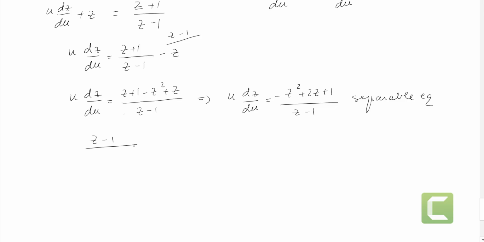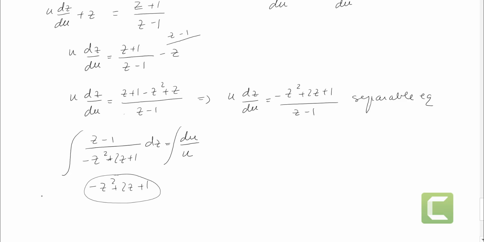So (z − 1)/(−z² + 2z + 1) dz equals du/u. So we are ready to integrate. Now the bottom part, I'm going to avoid using one more substitution, but if we look at this denominator and differentiate it, we get −2z + 2.